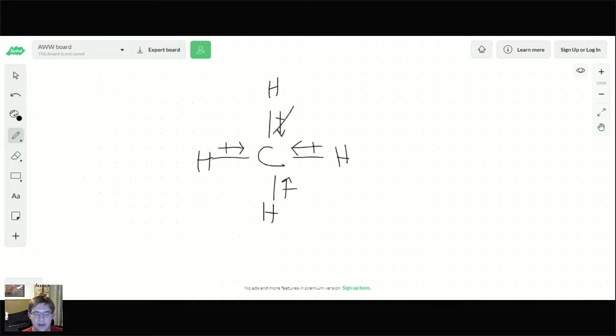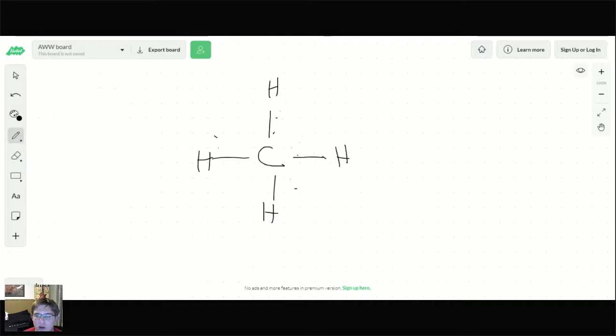This and this and this and this. So we're going to see a general no polarity on this molecule. So when two methane molecules find each other, there's going to be no real electrostatic force between them, no positive-negative attraction.